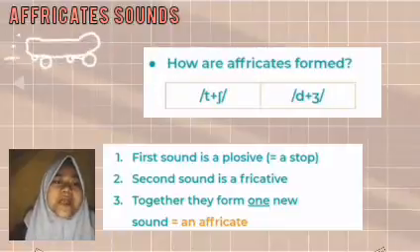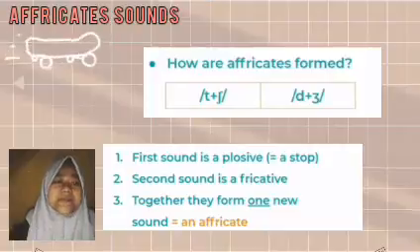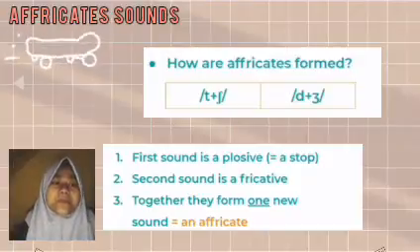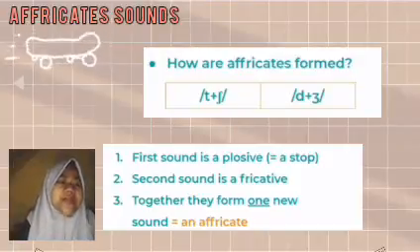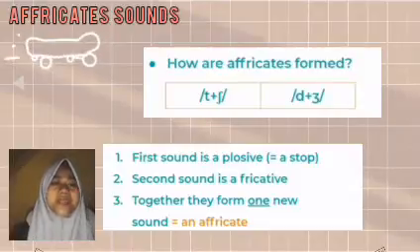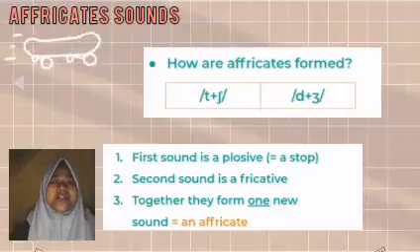So the first sound is a plosive, remember, sometimes called stops. The second sound is a fricative, and now we put them together, t and sh to form ch, and d and zh to form j.